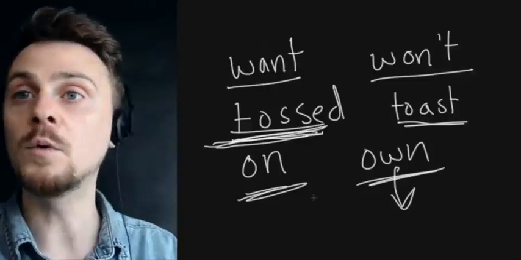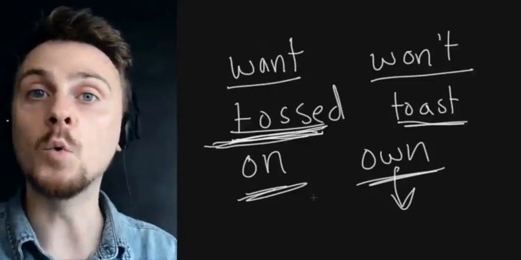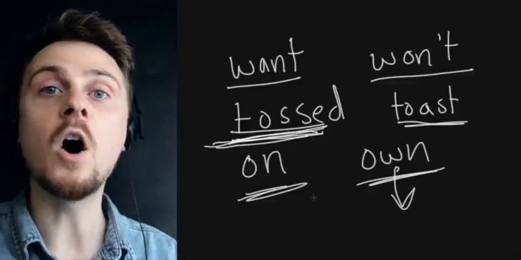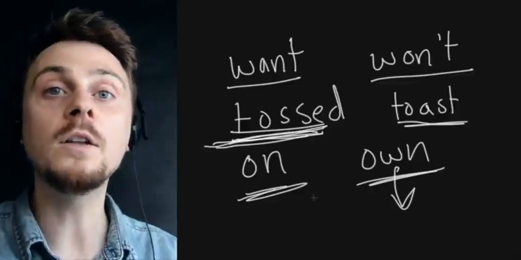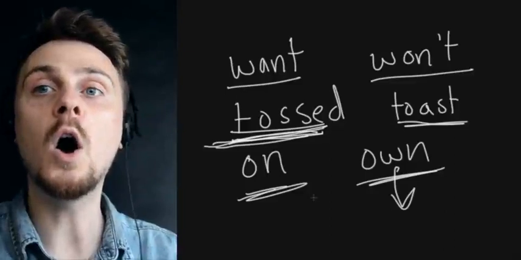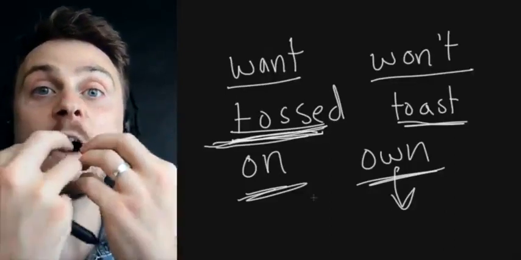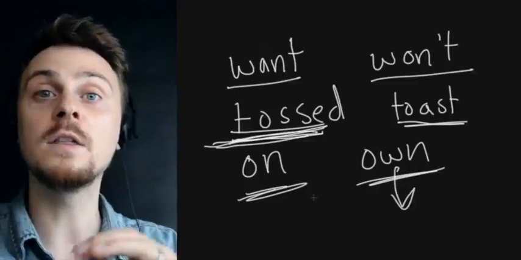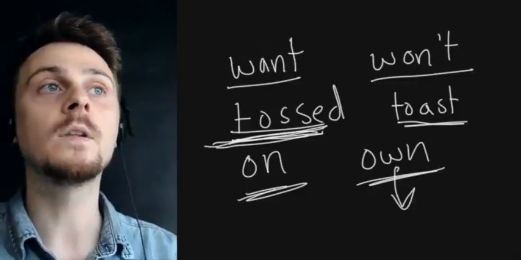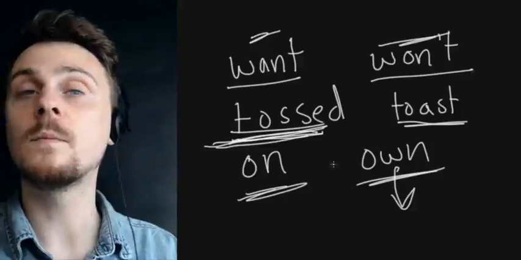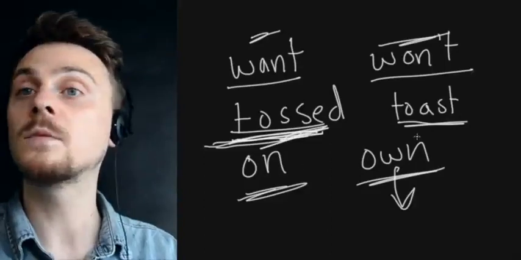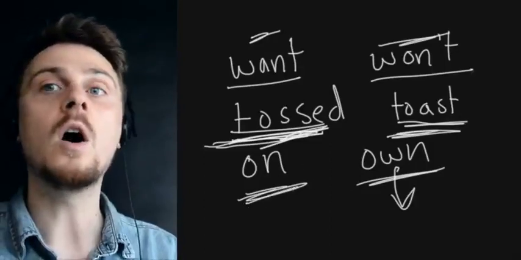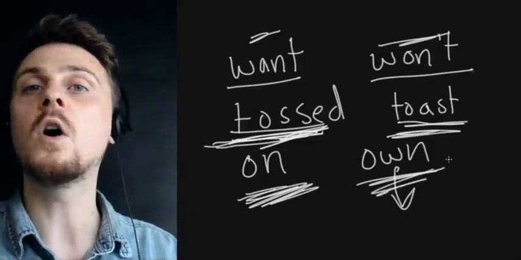On, own. Okay, on, very simple, and then own. So you have to bring your mouth out to say the W sound for that one. So let's quickly go over these again. Want, won't, tossed, toast, on, own.